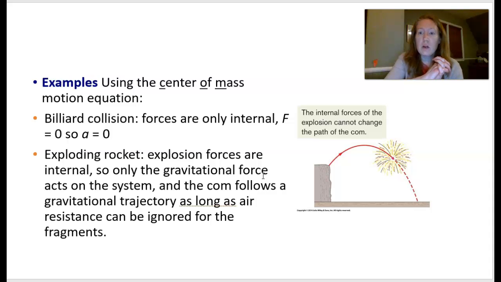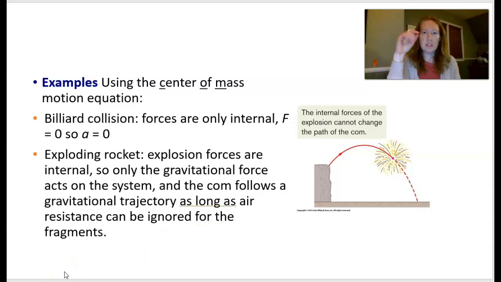Another classic example is fireworks. When these fireworks are launched, they're a projectile, but you can predict the path of the firework's center of mass even after they explode, because you know that it still acts like a projectile.